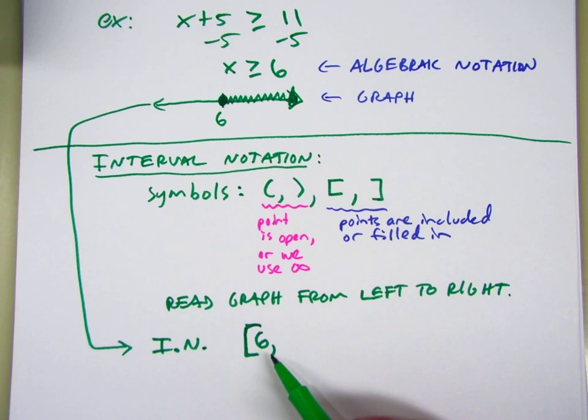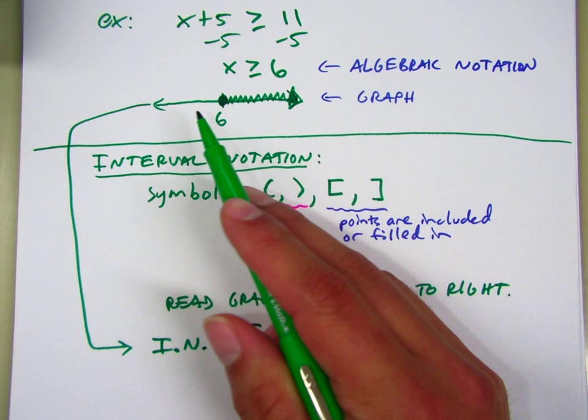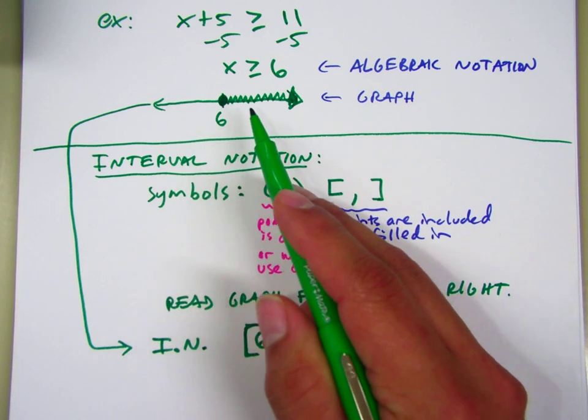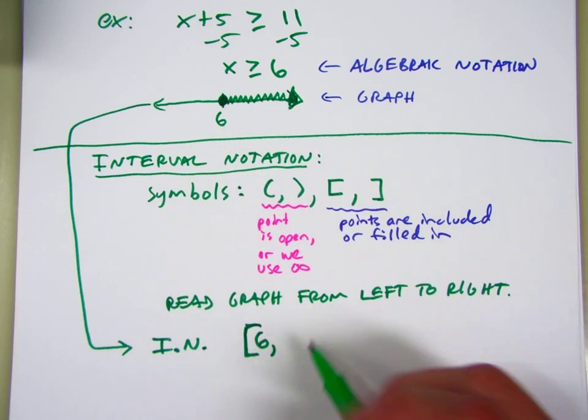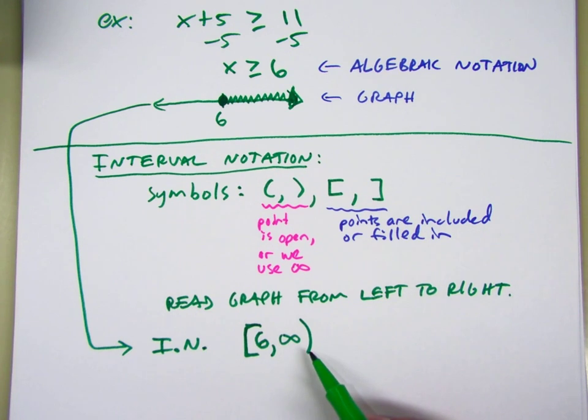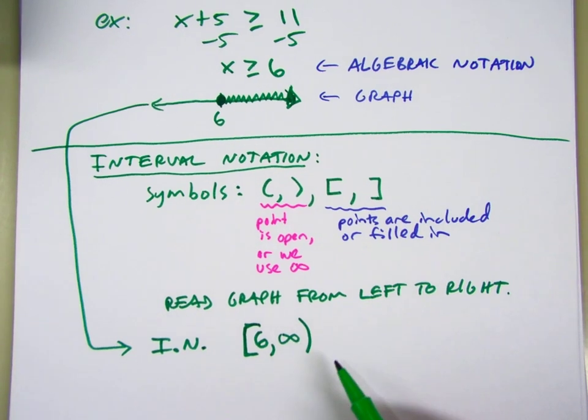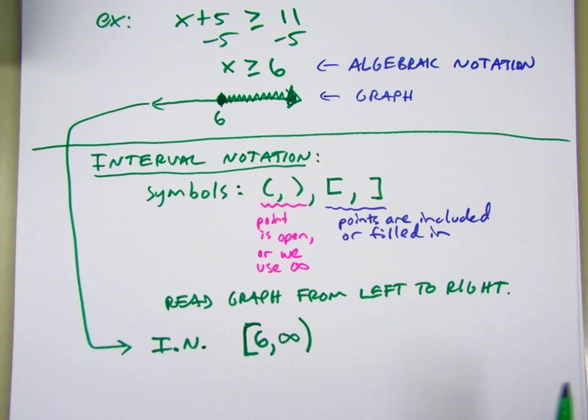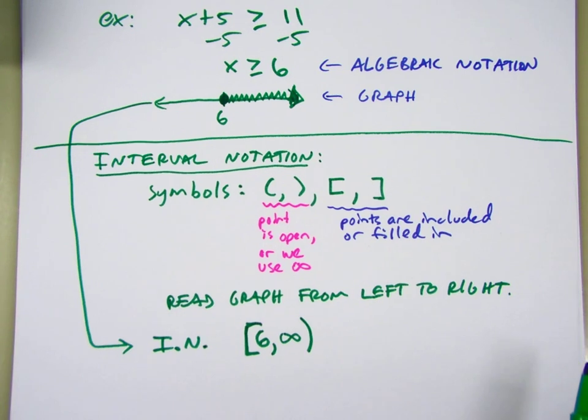Basically we list lowest to highest x value. Looking at this picture, we started at 6, and it goes on forever, so that's where we use positive infinity. Anytime we use an infinity, we just use a parenthesis with it, because infinity is not really a number we can ever get to. So that's interval notation in a nutshell.